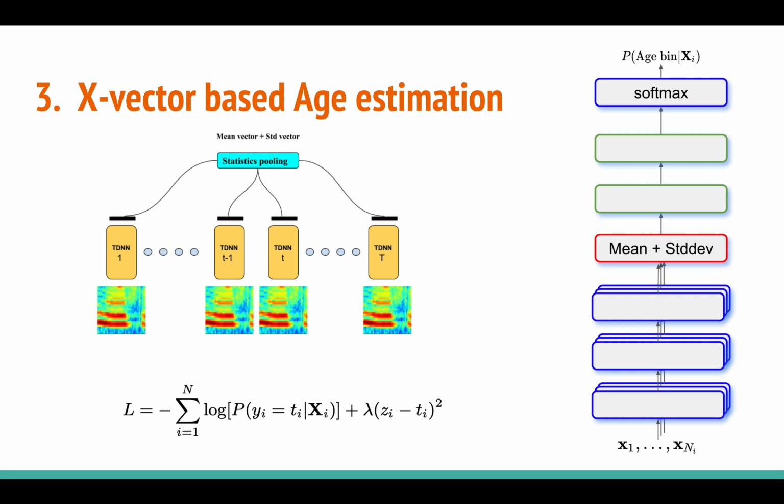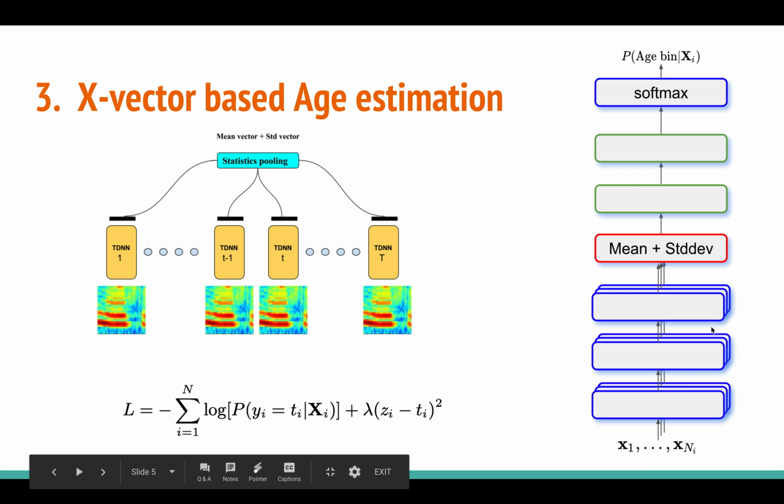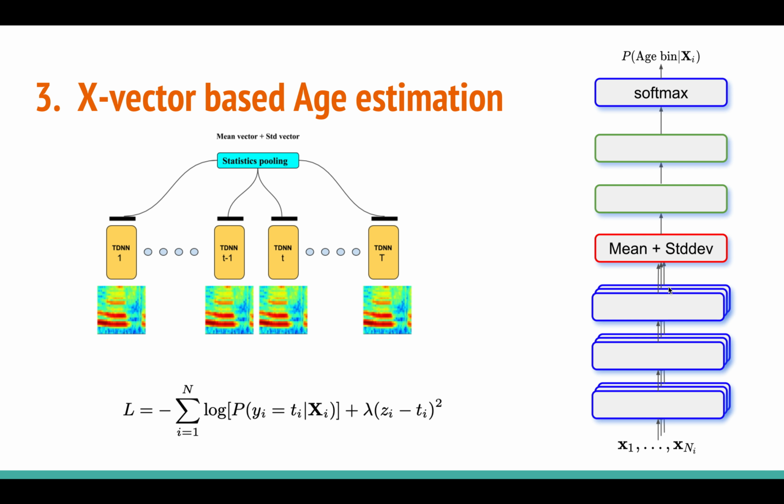Finally it goes to the final layer. So these layers here are time delay neural networks. And as we know, the audio can be variable length. It's not like a fixed 5-second audio we can feed to a convolutional neural network. Here we can have a variable length audio.